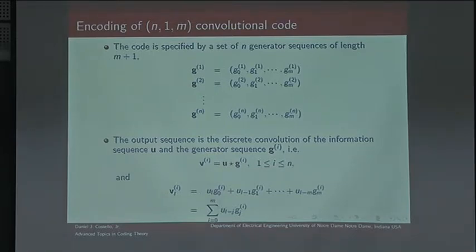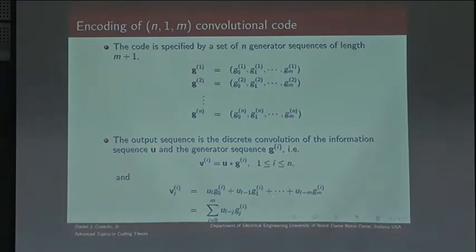So a discrete time convolution is just given by, we have the current output bit at the ith output is given by the current input bit times generator bit 0, and then the one time unit past input bit times generator bit 1, all the way to the input bit at m time units in the past times generator sequence bit m.